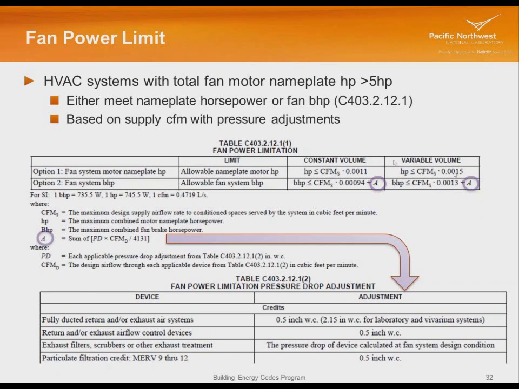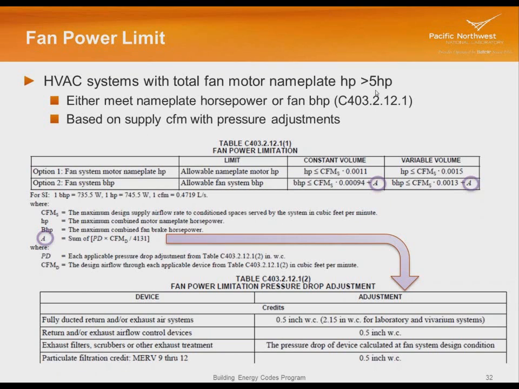Now, we have all these fine formulas here, and I'll talk about ComCheck in a minute. You can just put in your fan information properly there, and it will do all the math for you and figure out whether you meet the code. Now, this applies where the total fan nameplate horsepower is 5 or greater. So if I have a 4 horsepower supply fan motor and a 2 horsepower return fan, I'm now at 7 horsepower, that's greater than 5, so I fall under these requirements.